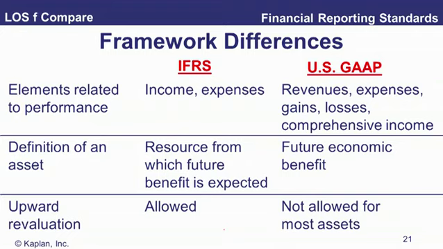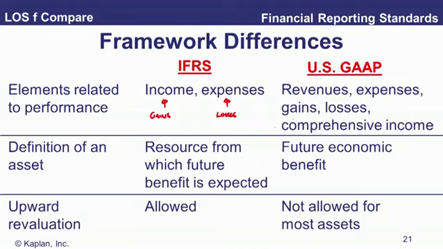Now just be aware, of course, when we talked about income earlier, income really includes gains under IFRS. Expenses really also includes any losses. Now remember, the gains and losses are gains and losses outside the normal course of activity, such as asset disposals, such as early retirement of debt, etc. So yeah, okay, they're broadly the same there.